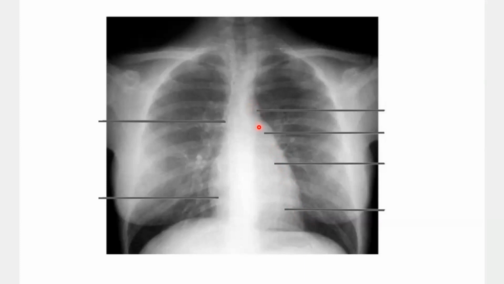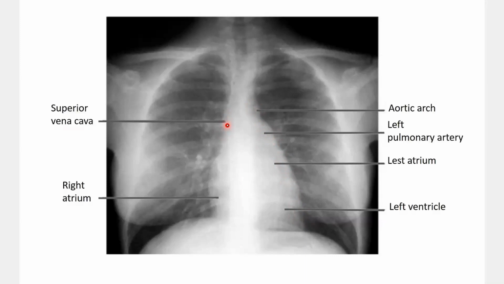Then here, this is the aortic notch. It's made up of the aorta. And here you have the pulmonary vessels. And here it shows the superior vena cava. We have the right atrium, left ventricle, left atrium, left pulmonary artery, and the left aortic arch.